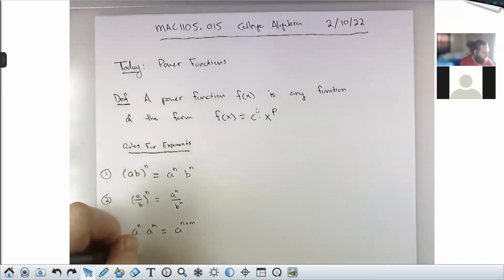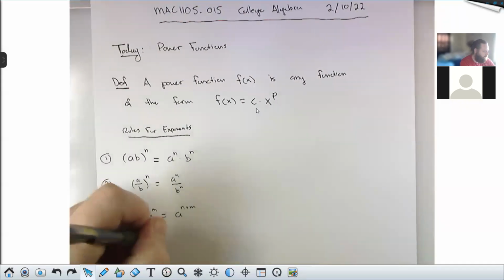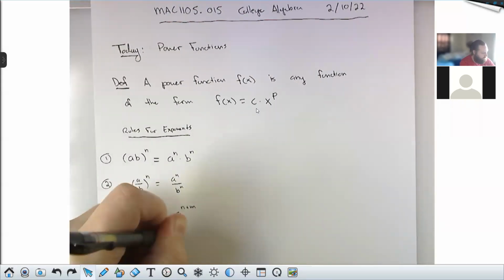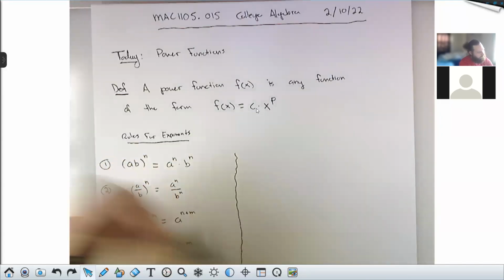If I have a quotient of two powers, each using the same base, then that's the same as subtracting those powers. Put a little divider here.